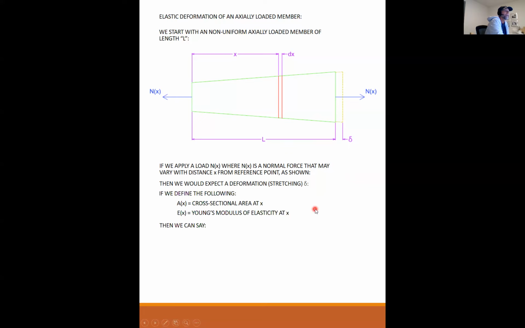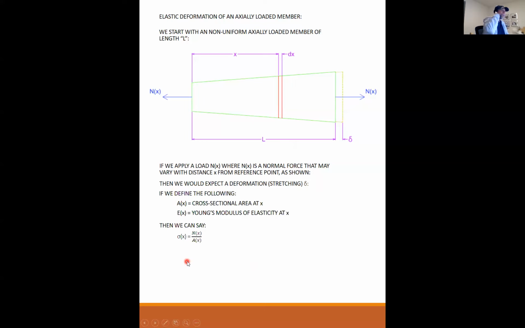Then we can say that the stress at any point x, say the stress right here at x, is equal to the normal force at that point divided by the area at that point. Does that make sense to everybody?